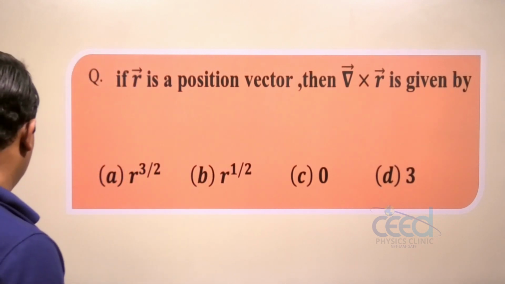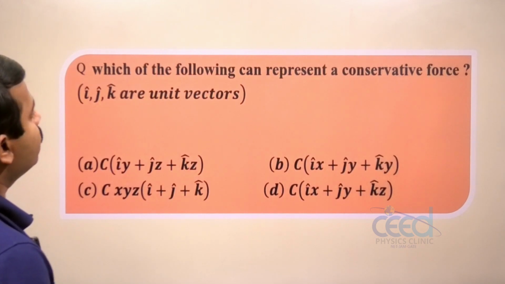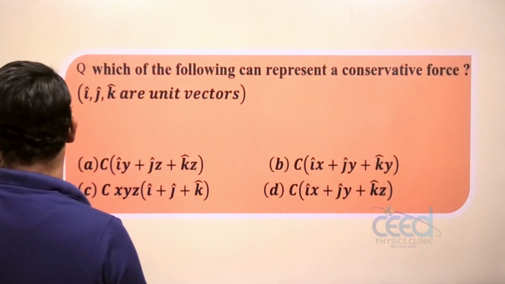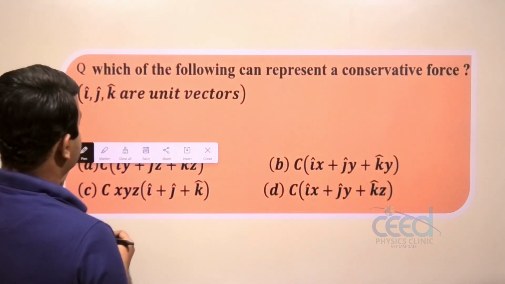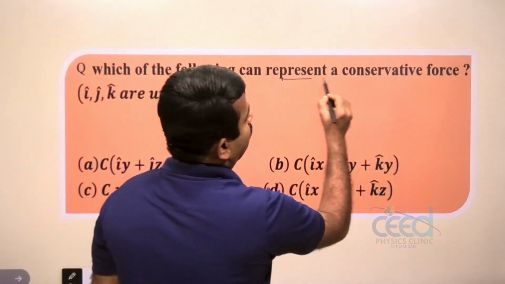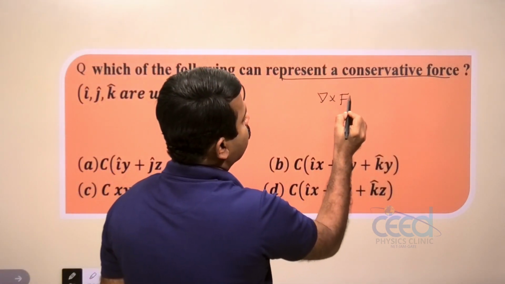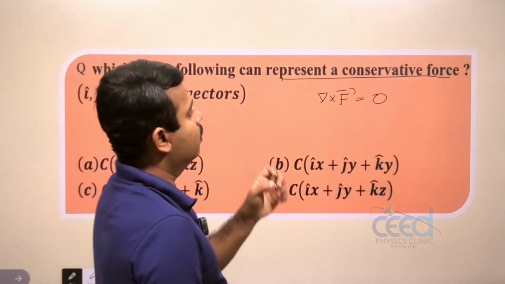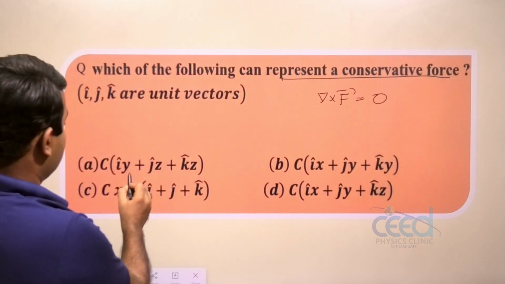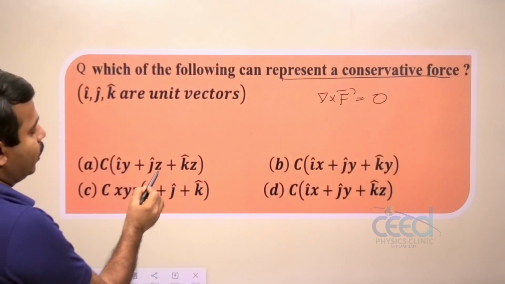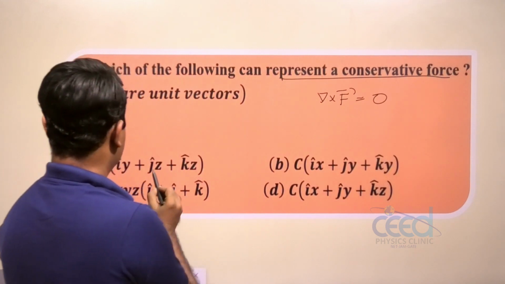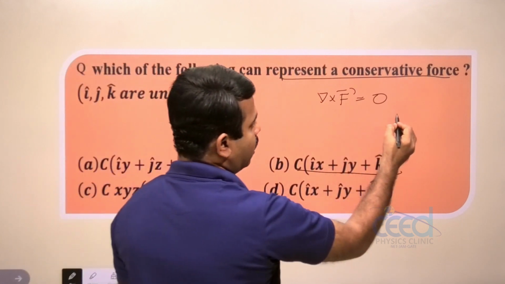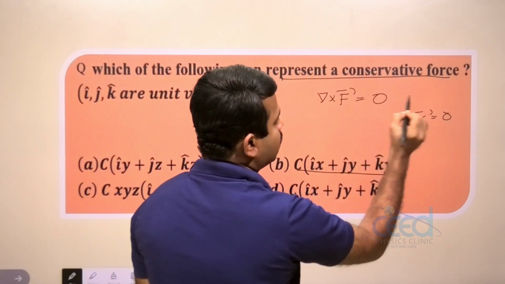Now let us go to another question. Which of the following can represent a conservative force, right? What is the conservative force condition? Del cross f is equal to 0. In the previous question we saw the cross product of the position vector. Here this is not in the exact format of xi cap plus yj cap plus zk cap, but this is representing the position vector. We know del cross r is equal to 0, right.